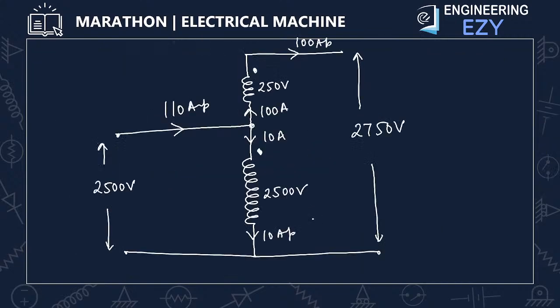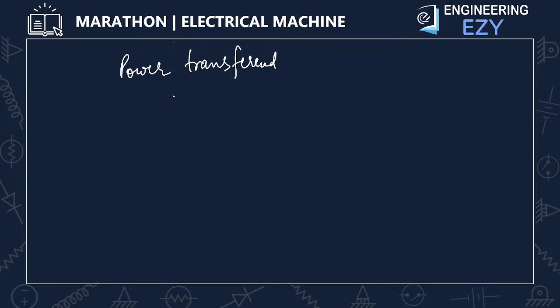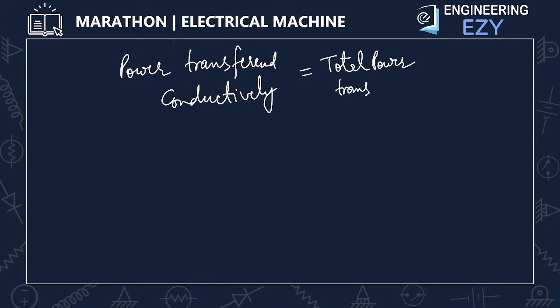Or you can calculate the rating of the common winding. The rating of the common winding also gives the power transferred conductively. So power transferred conductively is total power transferred minus power transferred inductively.